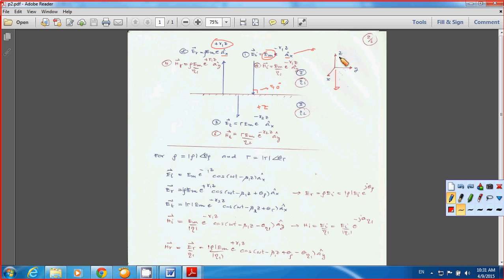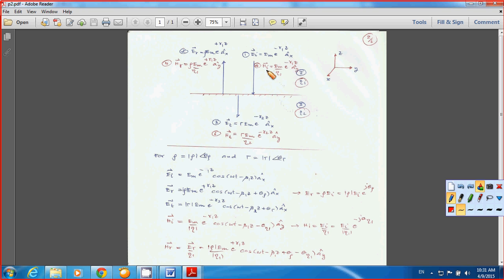I have this one wrong, so your Z here is supposed to be plus right here, so you need to change all the signs. Sorry for my mistake. And don't forget to change gamma to gamma 2, because you are in media number 2. This is very important. Okay, so we already have our EI, ER and ET.